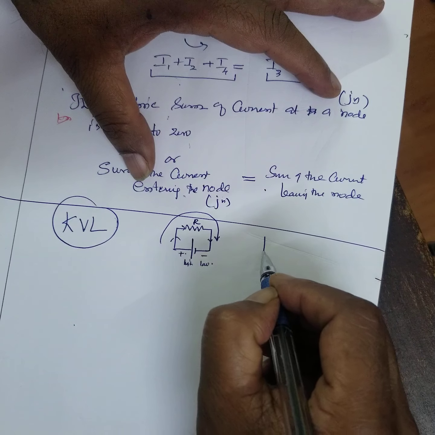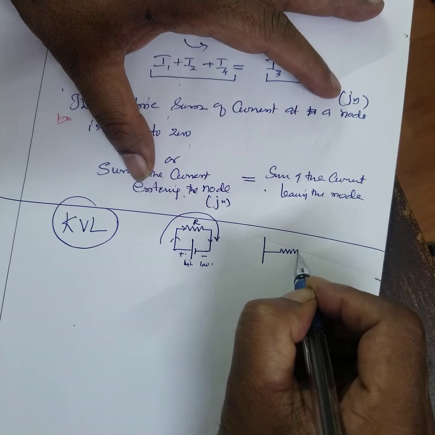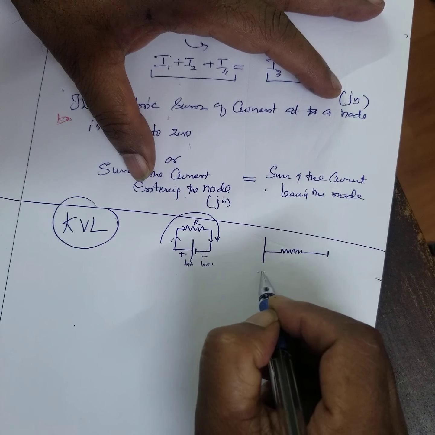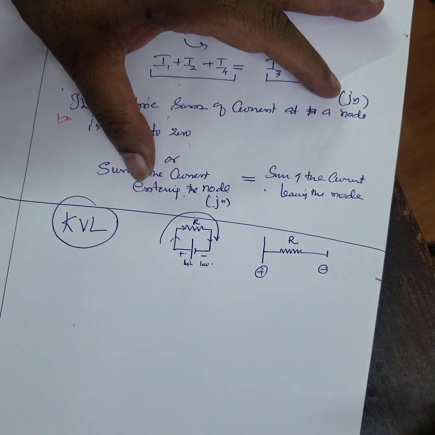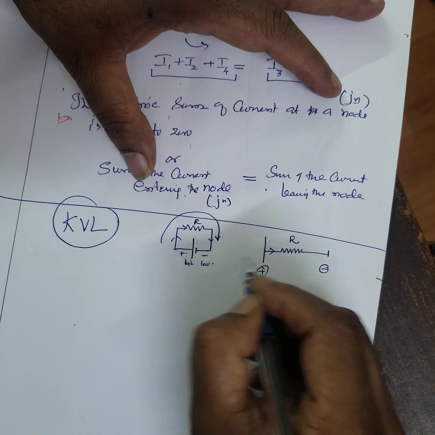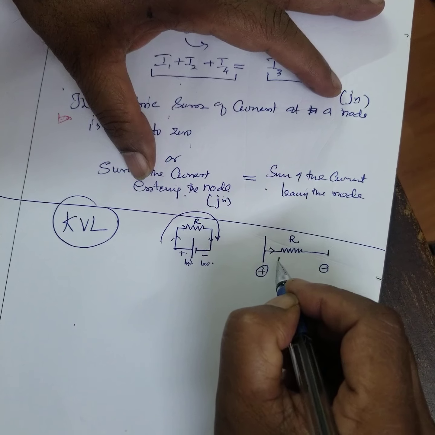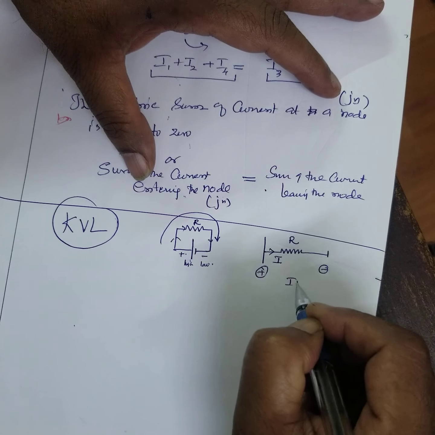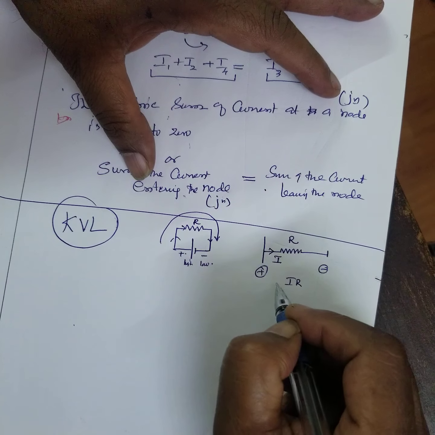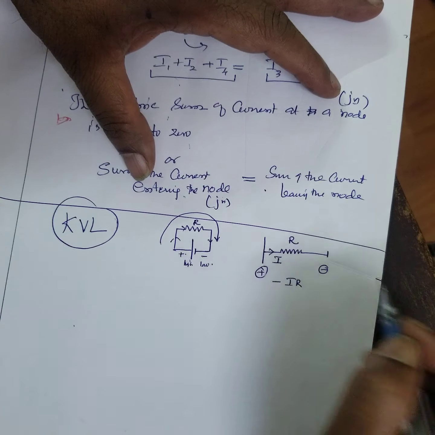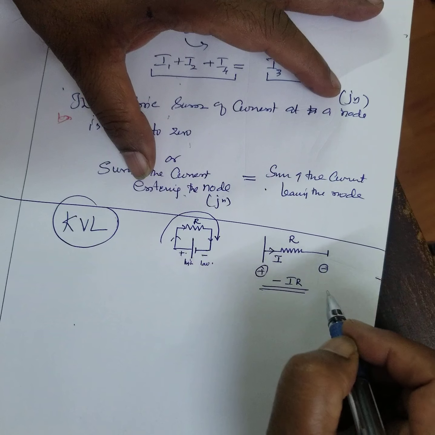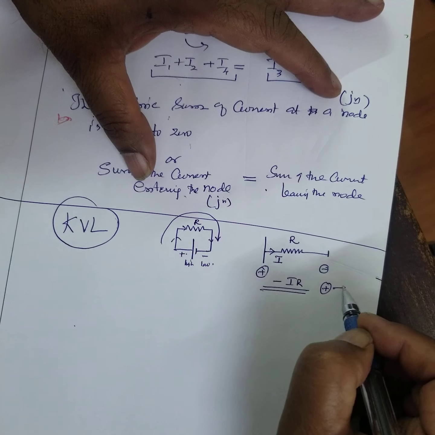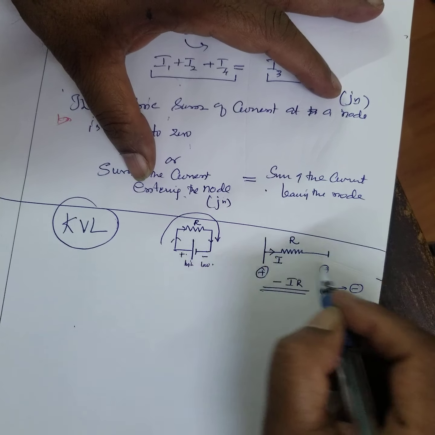R is a resistor, and current is flowing in this direction. When current flows through the resistance from positive to negative, the potential decreases.